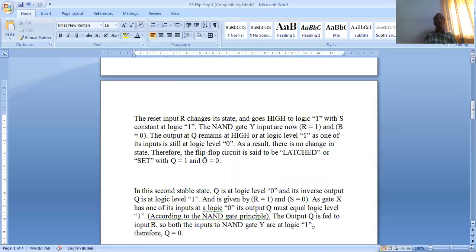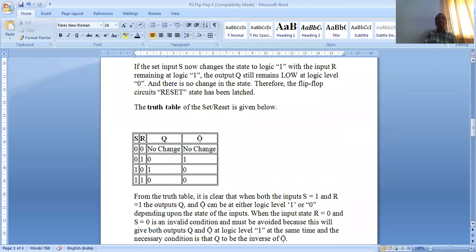Therefore, Q equal to 0, Q bar equal to 1. So here Q equal to 0, Q bar equal to 1.